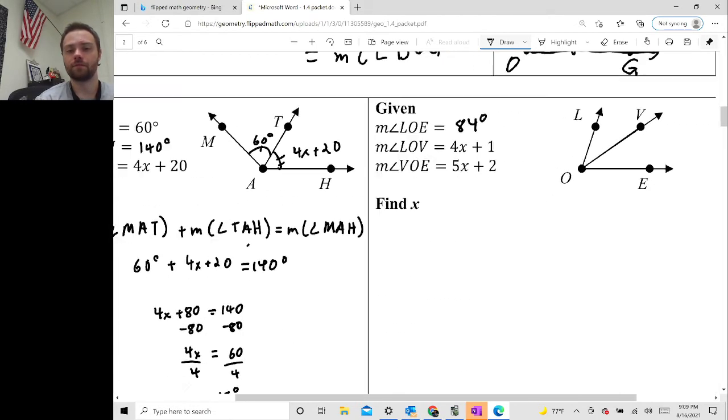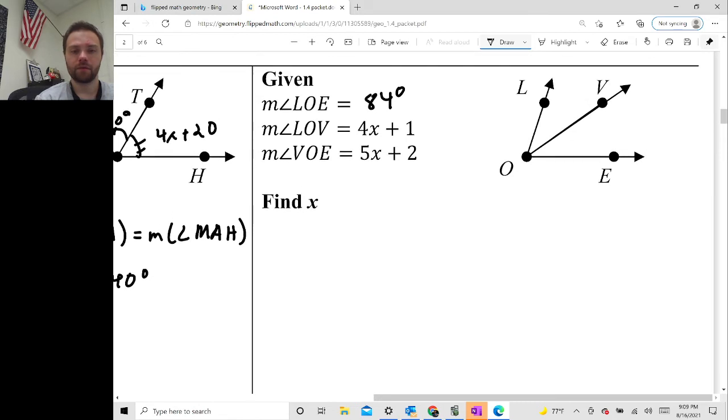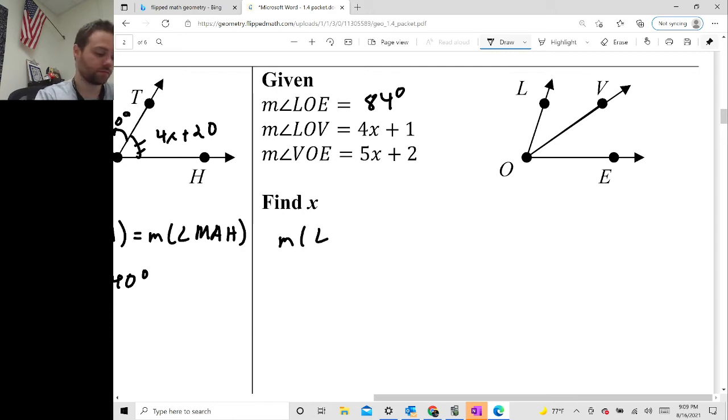Over here, I've got the measure of angle LOV plus the measure of angle VOE equals the measure of angle LOE.